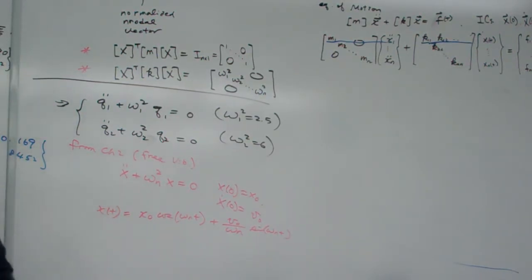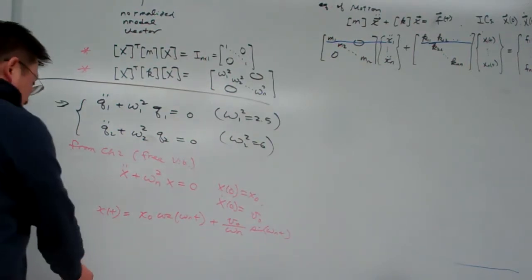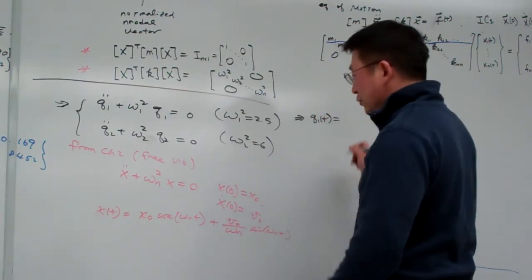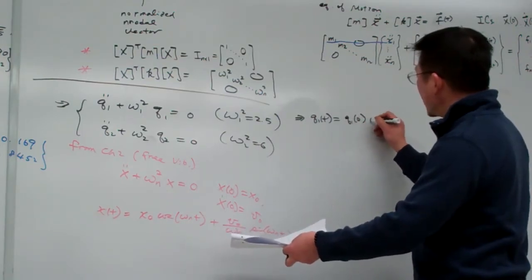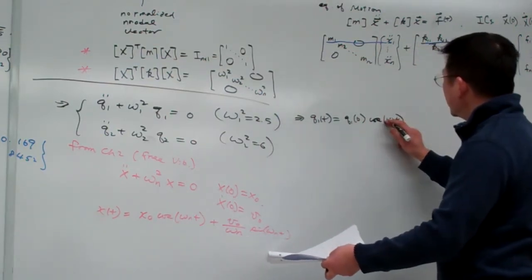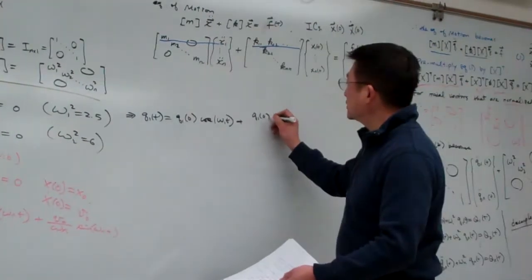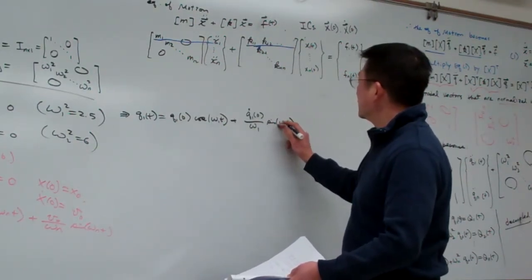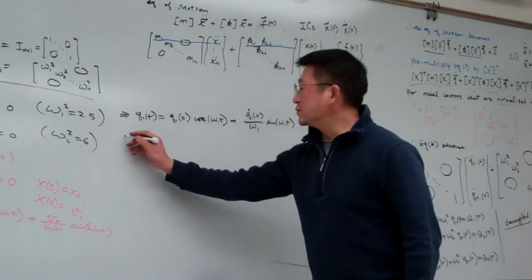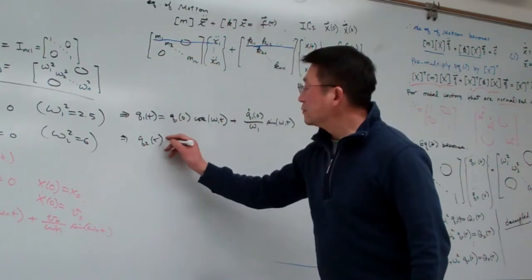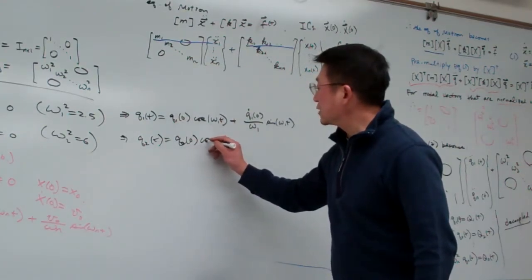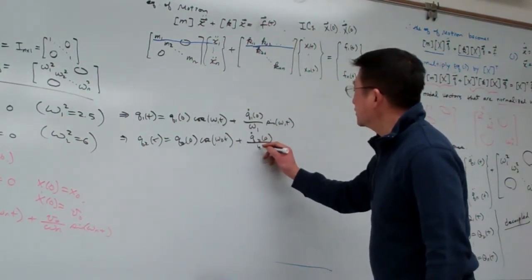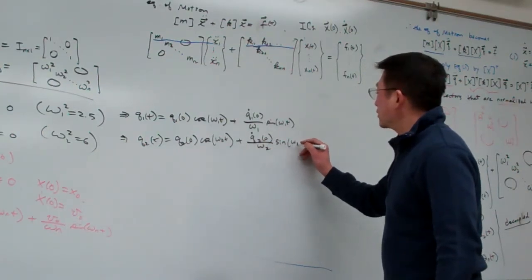So with this template, can you say for this particular problem we have the solution Q1(t) equal to Q1(0) times cosine omega 1 t plus Q1 dot(0) over omega 1 times sine omega 1 t. And the solution for Q2 will be Q2(0) cosine omega 2 t plus Q2 dot(0) over omega 2 sine omega 2 t.